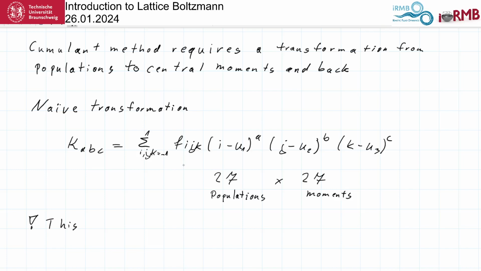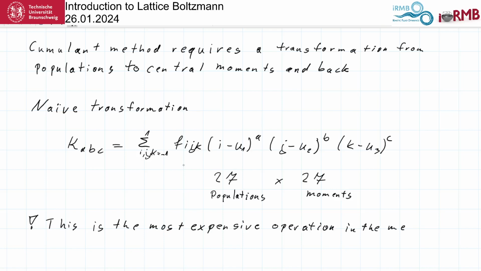So, okay, let's say this is the most expensive part at all in the Lattice Boltzmann method because it has to be done so often. Yeah, the most expensive operation in the method.